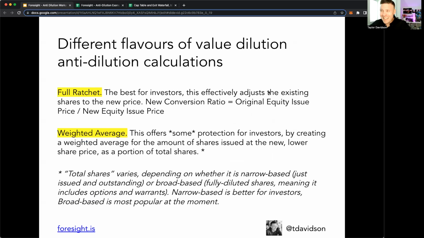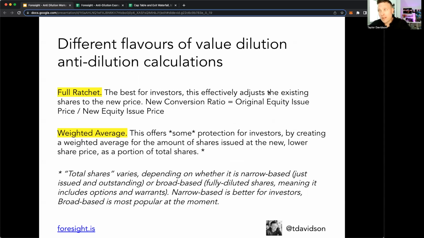Now, I kind of teased this, but there's a few different ways in which value-based or price-based anti-dilution clauses can be written. Basically, it breaks down into two major areas. One is full ratchet and the other one's weighted average. The basic idea behind full ratchet is it's the best opportunity for investors. It basically reprices all of your shares down to the new price.